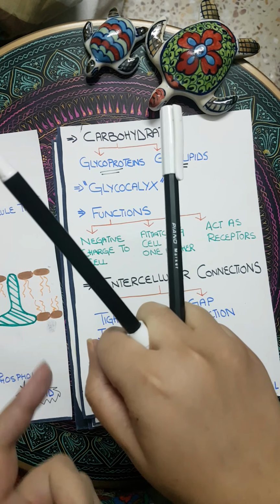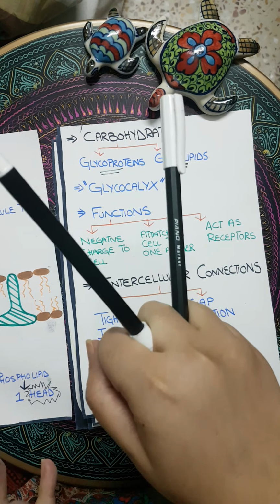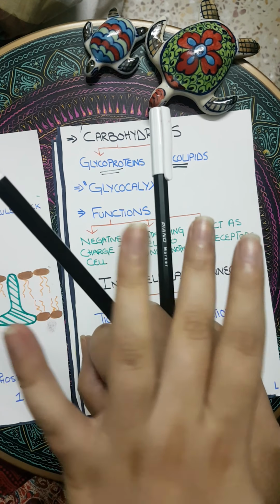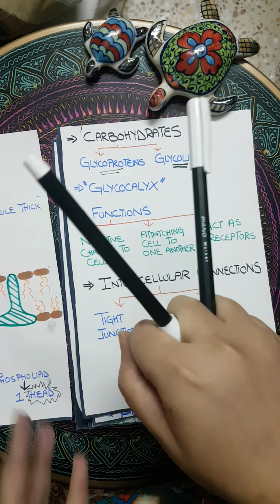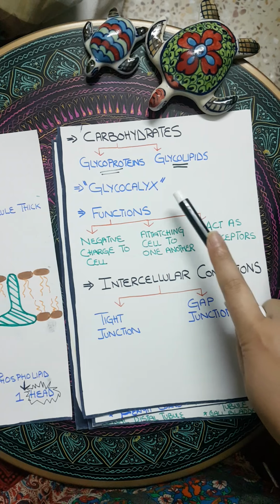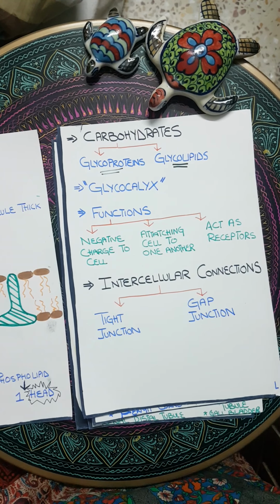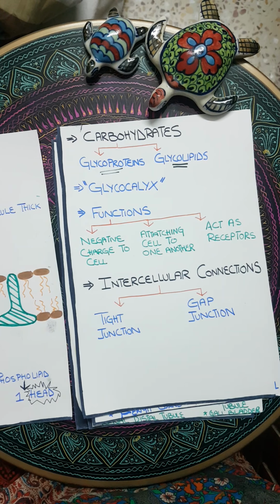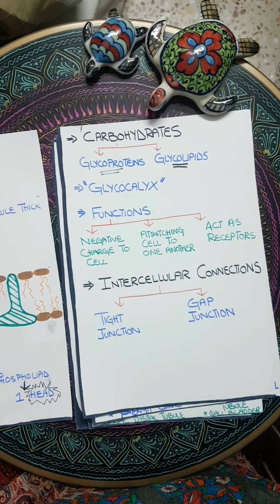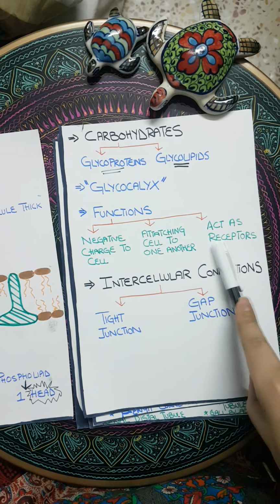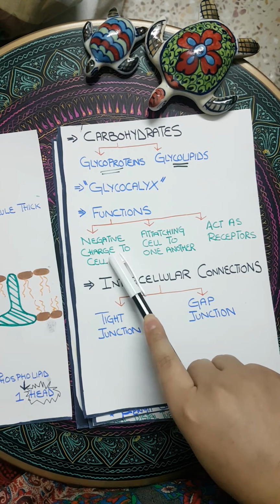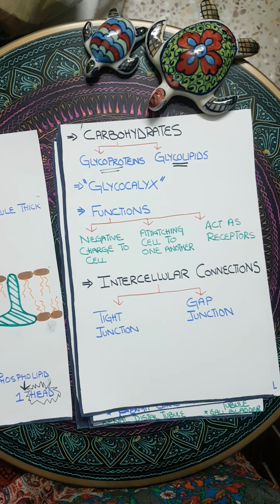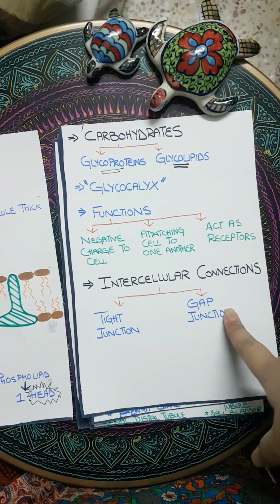Since the cell membrane covers the entire surface of the cell, and the carbohydrates are present over the entire surface of the cell, this arrangement of carbohydrates is called glycocalyx. These carbohydrates also have certain functions: they may help in attachment of two adjacent cells together, or they may act as receptors, or since some of them have a negative charge, they give an overall negative charge to the cell.